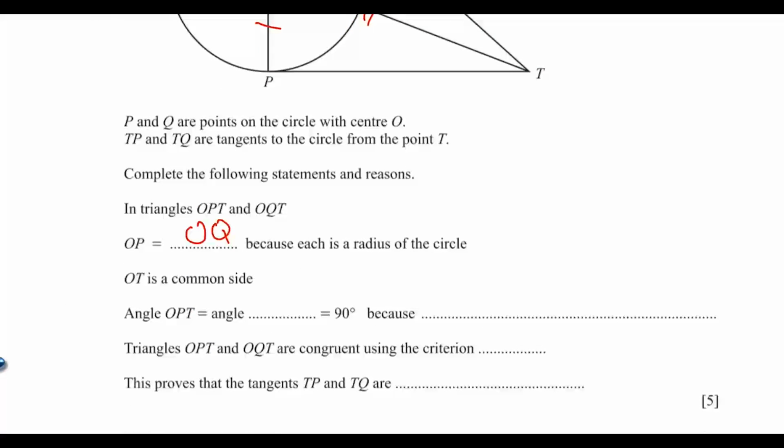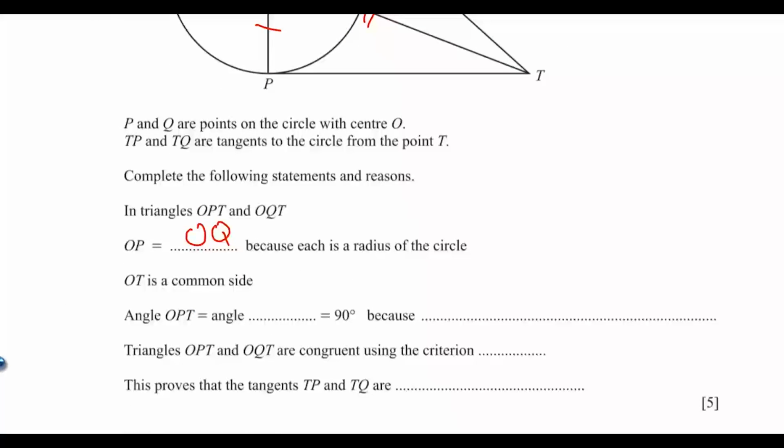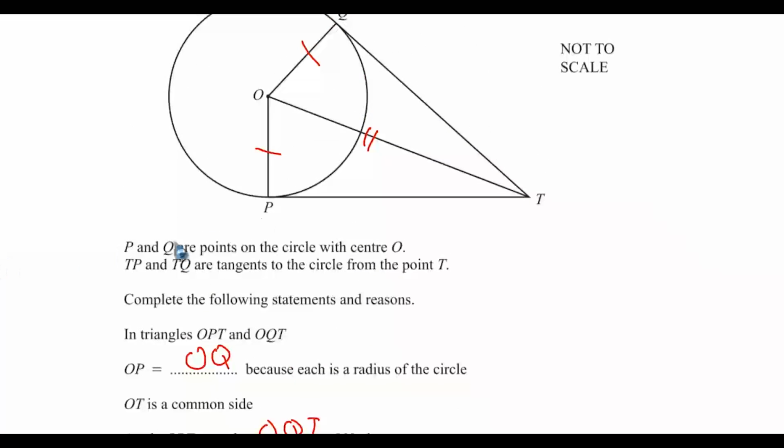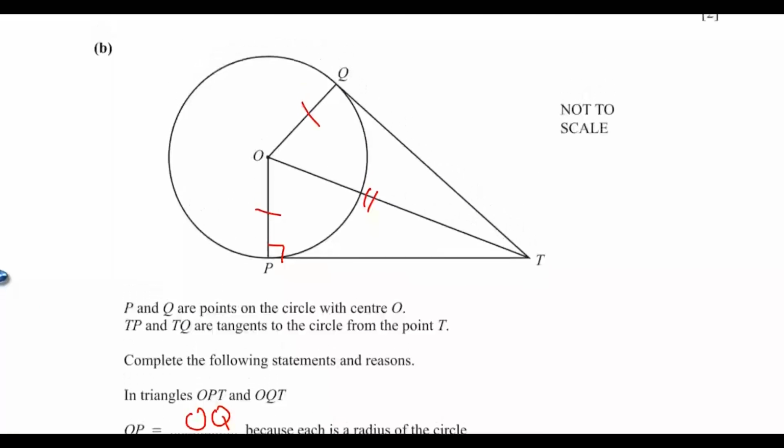Triangles OPT and OQT are congruent using the, no, I jumped that. Angle OPT equals angle OQT, because of what? Let's scroll up. So this is 90 degrees. It is an angle between the radius and the tangent.